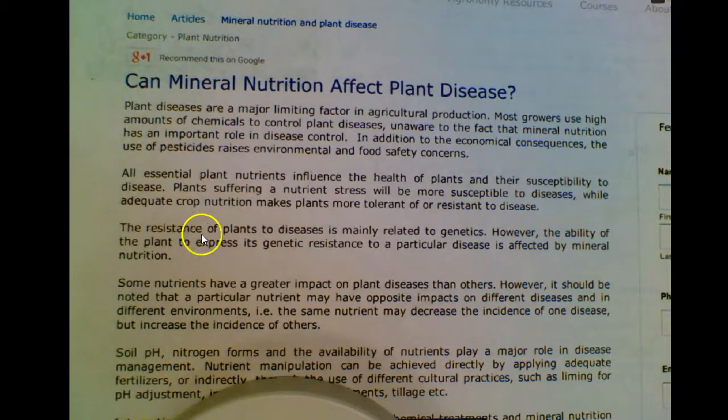We do have some resistance of plants to diseases genetically, but the ability of the plant to express its genetic resistance to a particular disease is also affected by mineral nutrition.